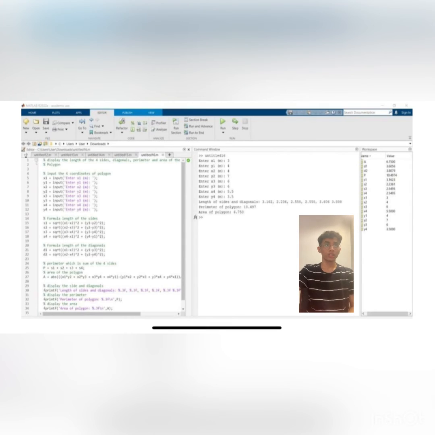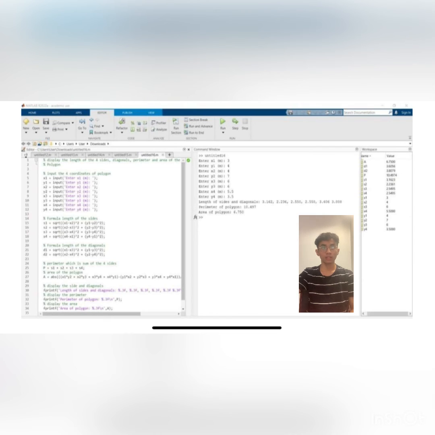So for the next question, the question needs us to find the length of each side, the diagonals, the perimeter, and the area of the polygon. First, I input all 4 coordinates of the polygon, which is X1, Y1, and so on. And next, I input the formula for the length of the sides, as shown in the figure.